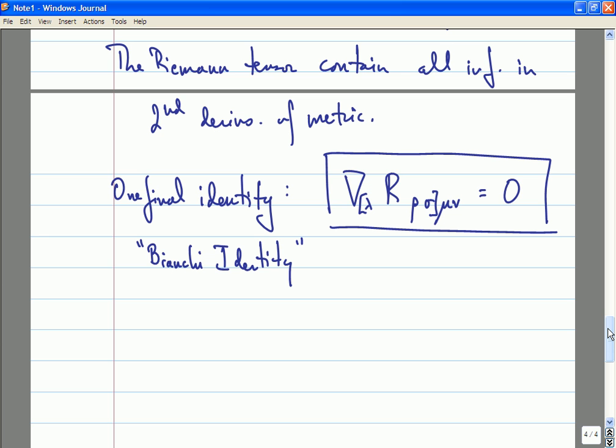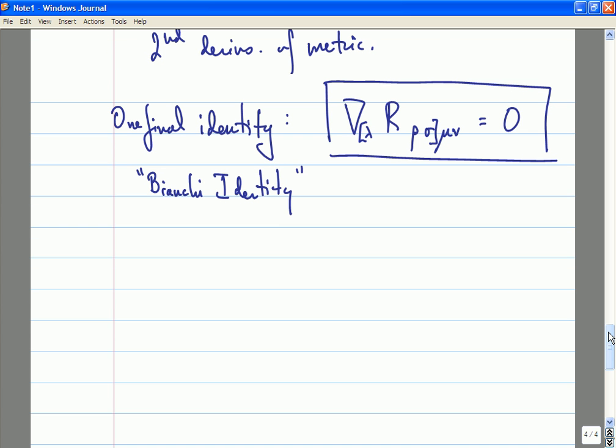And happily, it turns out that a lot of the formulation of general relativity will involve only certain components of the Riemann tensor. So what I would like to do here is define what is known as the Ricci tensor.